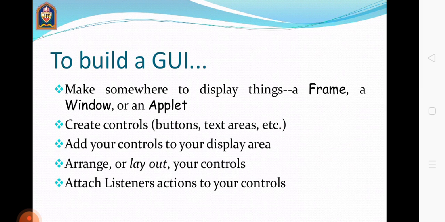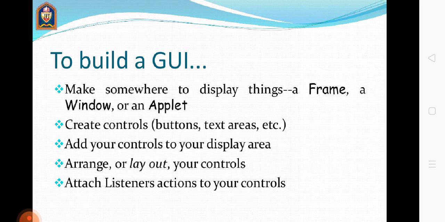There will be a display area in our program, and the controls we want to display on that area, we will add to that specific area, and then we will arrange those controls on the display area using a layout. And then we will attach listener actions to these controls.